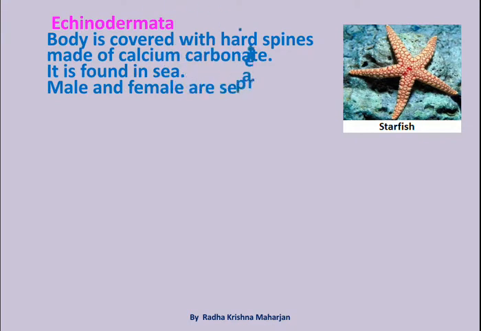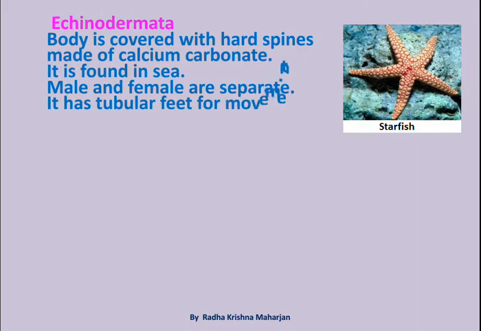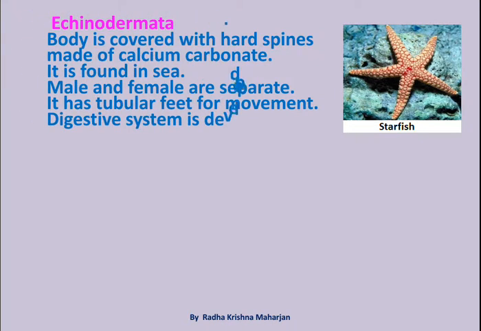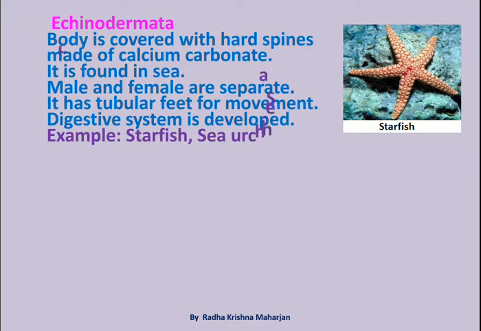Male and female are separate. It has tubular feet for movement. Digestive system is developed. Example: starfish, sea urchin, sea cucumber.